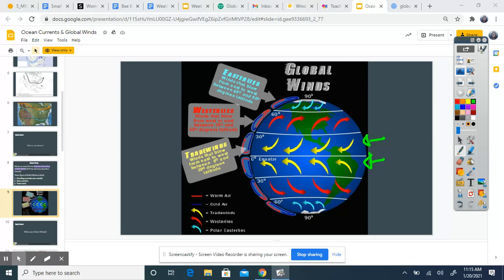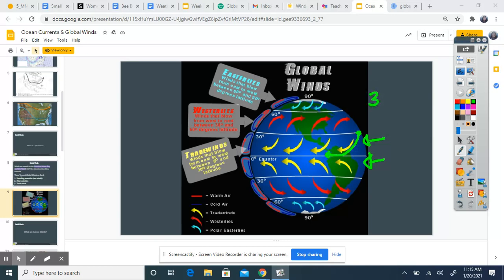We talked about the Coriolis effect, how the wind does not blow in a straight line. It has a curvature to it. So you can see that it is coming from 30 degrees latitude and blowing towards 0 degrees.